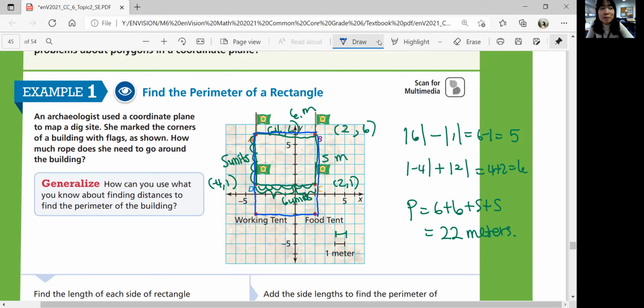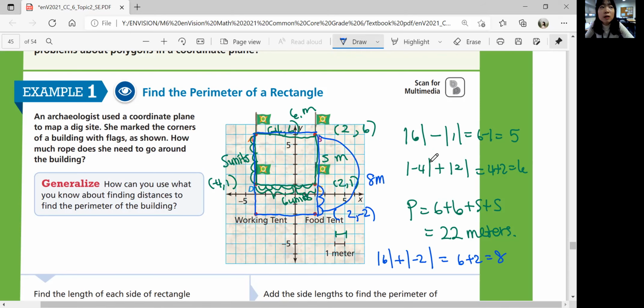You can either add 1, 2, 3 units to 5, or you can prove it by finding the coordinate of the food tent, (2, -2), and finding the new distance using algebra: 6 plus the absolute value of -2, because they're in different quadrants, which is 8. So the total would be 8 meters.